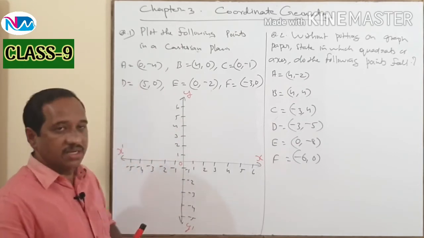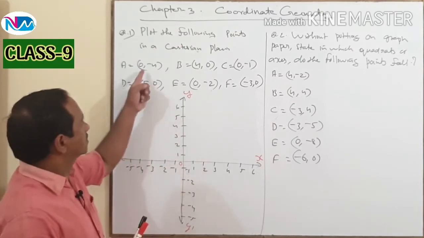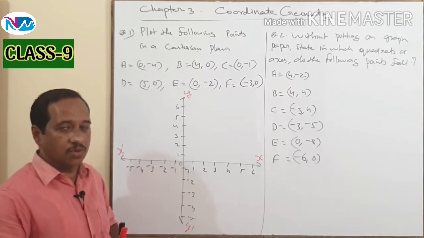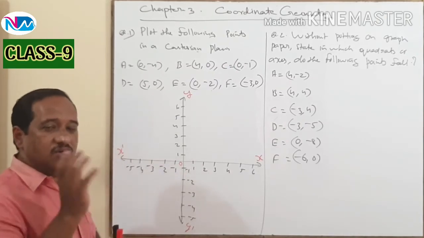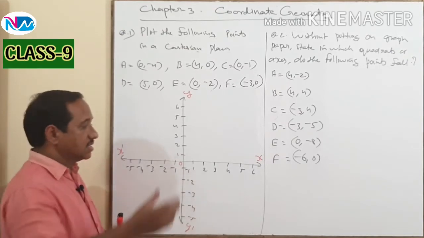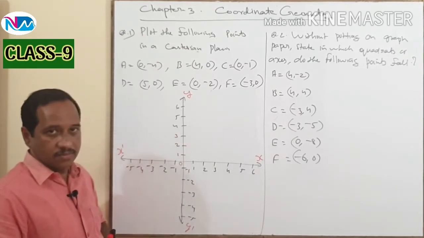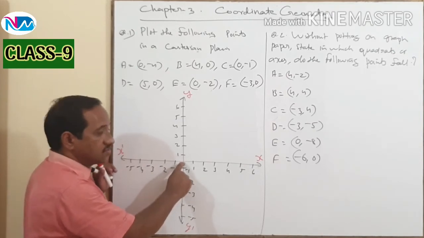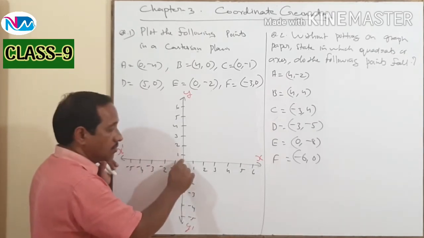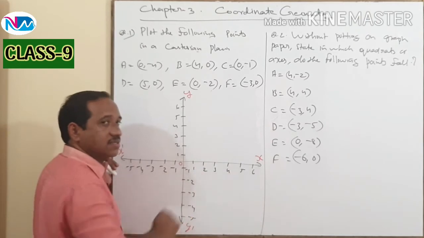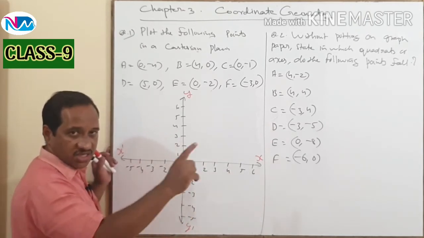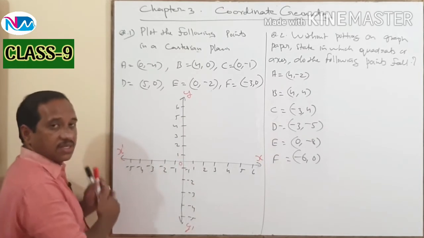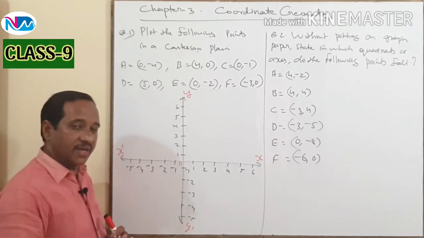The first point is A, whose x-coordinate is 0 and y-coordinate is -4. X-coordinate is 0 means it is at the origin. If you move from the origin towards the right, the x-coordinates will be positive, and if you move from the origin to the left, the x-coordinate will be negative.